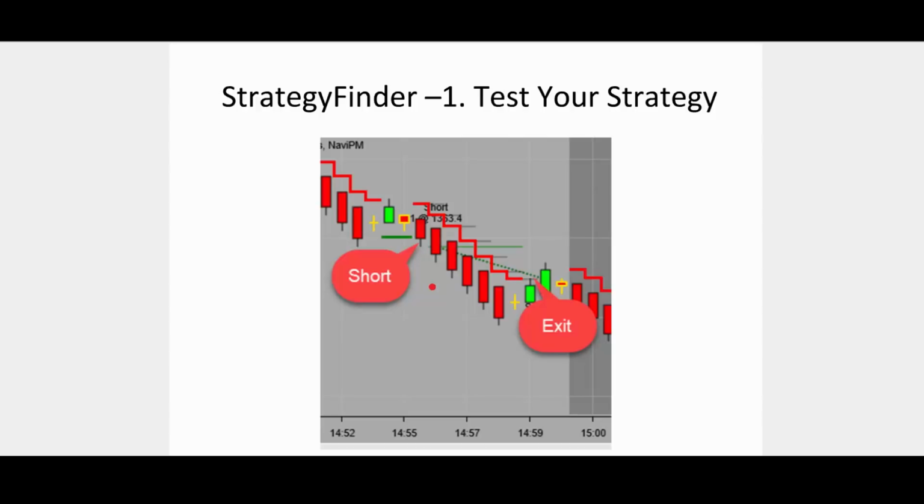So you'll actually be able to see the strategy running, and you'll be able to see whenever it takes trades, you could take the same trade yourself. Okay, so what we're talking about here is automating your testing, and you'll be able to also run this under real-time market conditions to see where it's taking trades, how it's managing the trade, and so on.